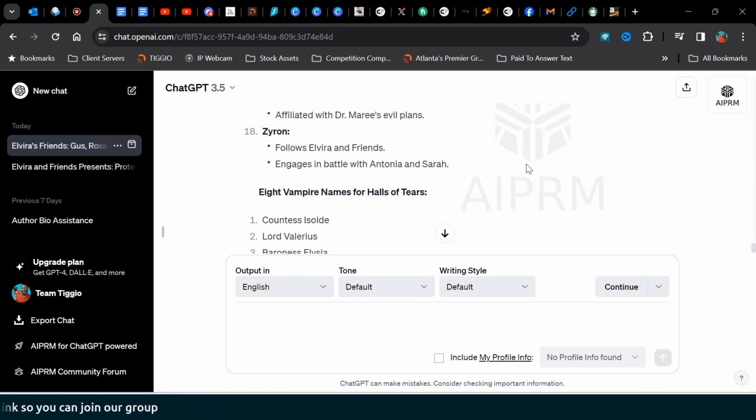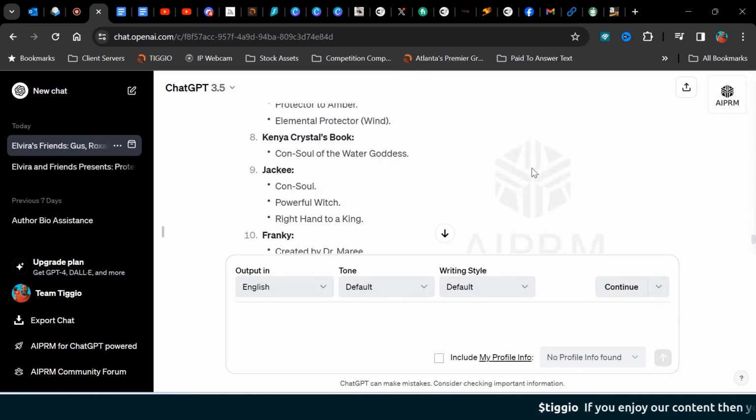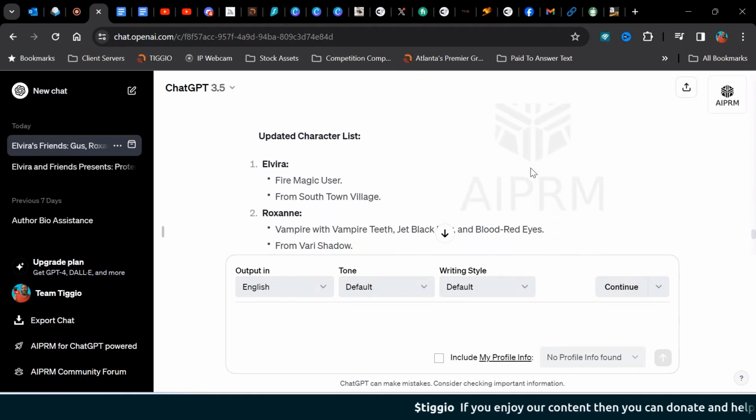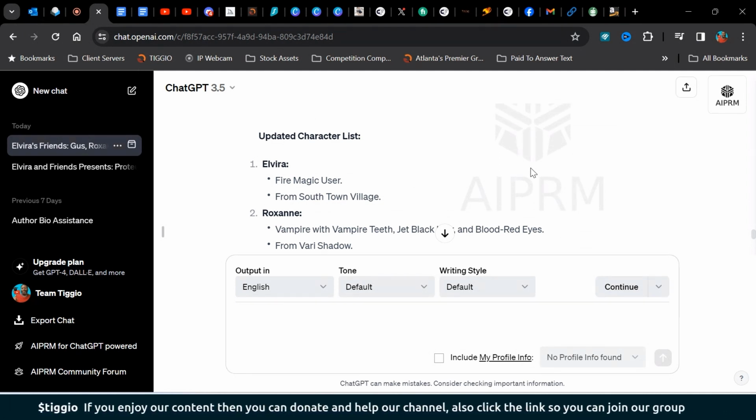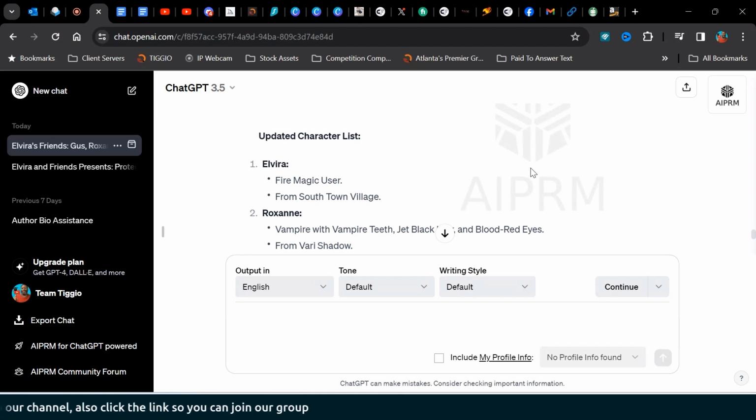Now, because Vincent will make number 9, you want to keep it odd, in my opinion, right? So far, we have Elvira, because it's called Elvira and Friends. She will be the main, in a sense, protagonist because it's her book series, but the main people that will appear in here are Roxanne and Gus.